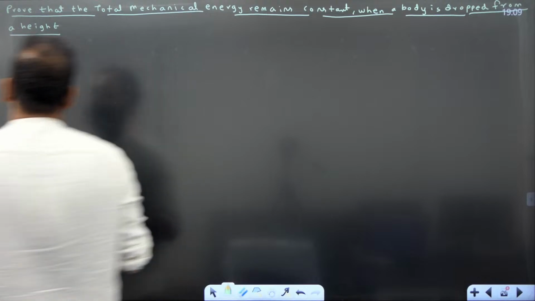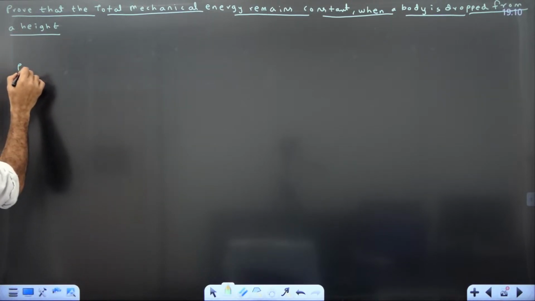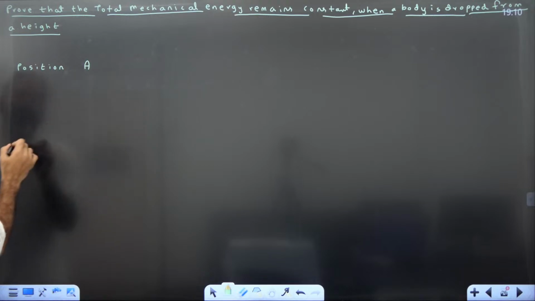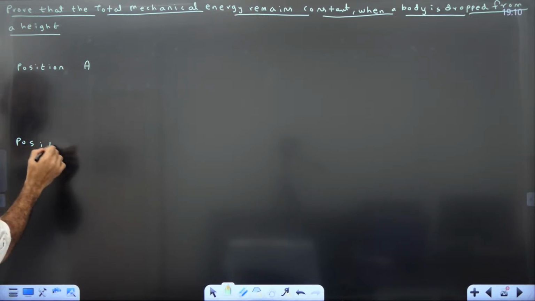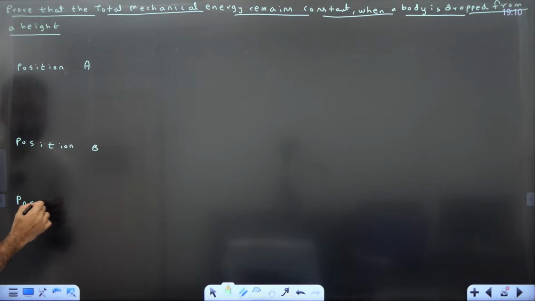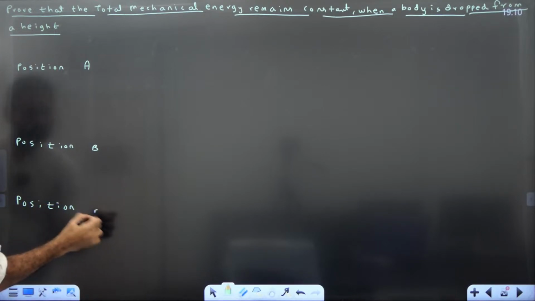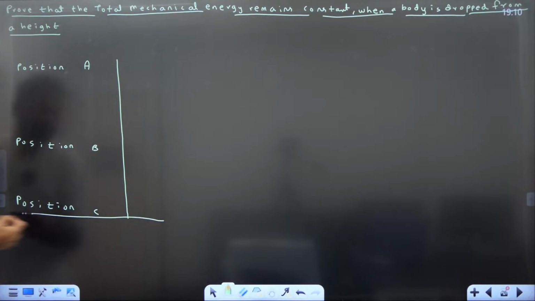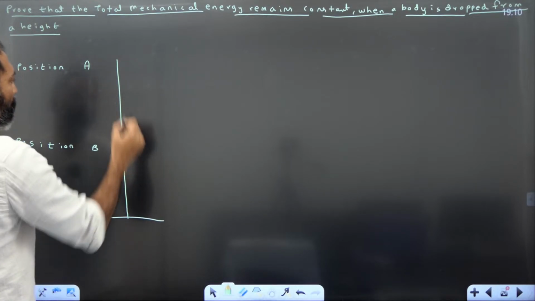Let's see. First position A, position B, position C. This is the height h and C is the ground position.